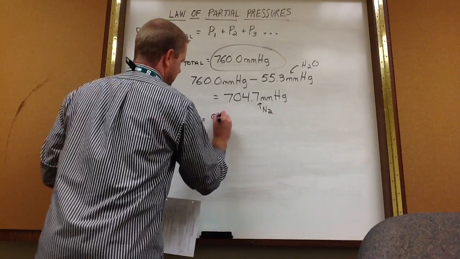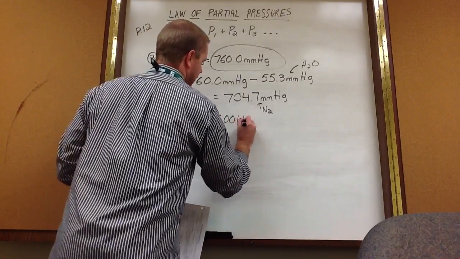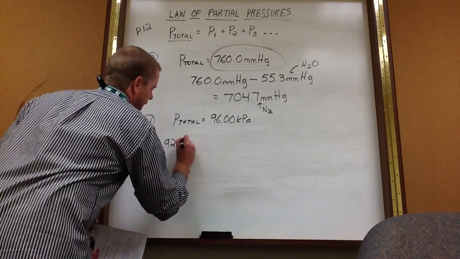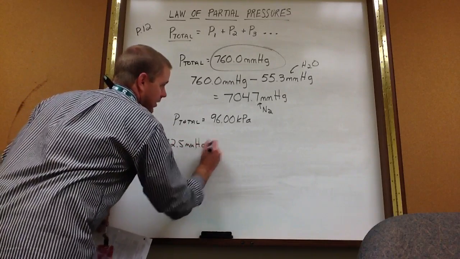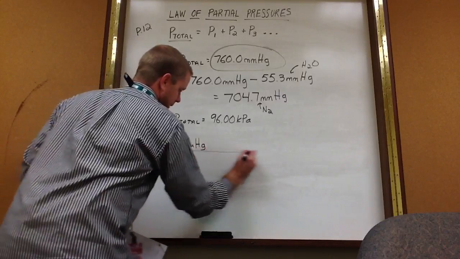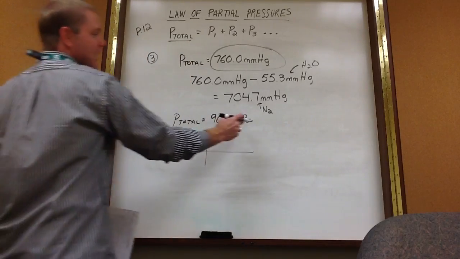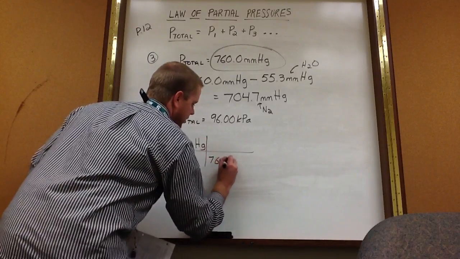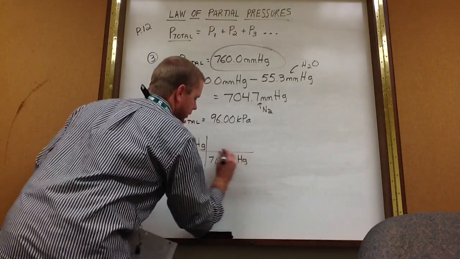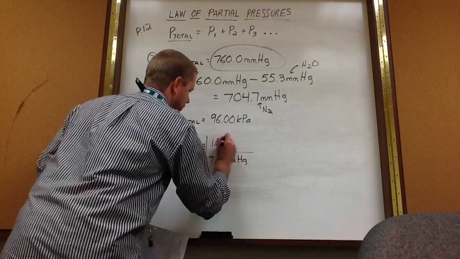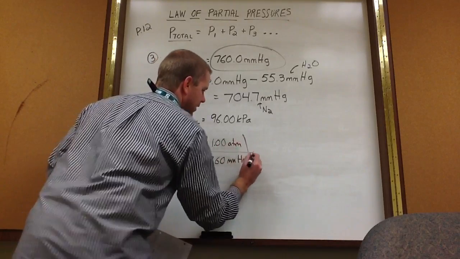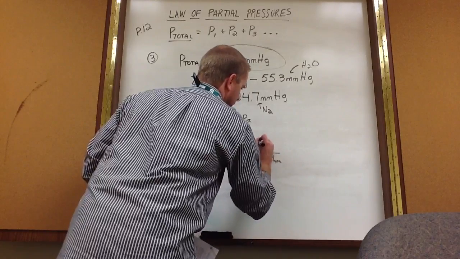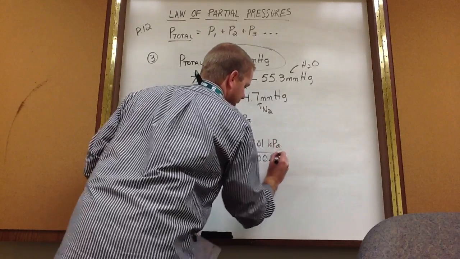So what I decided to do was take the 92.5 millimeters of mercury and turn it into kilopascals so I could subtract it. You could have gone the other way. It does not matter. So 760 millimeters of mercury is 1.00 atms, and in 1.00 atms, there is 101 kilopascals, right?